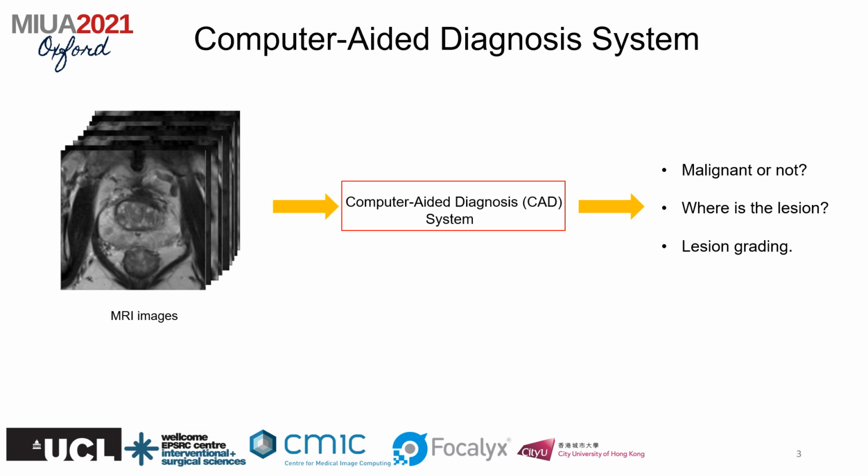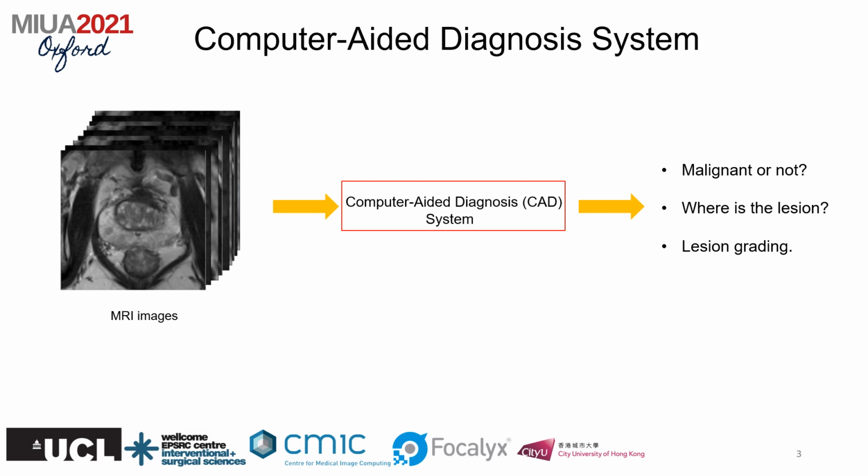Multiparametric MRI images have potential to play a part in every stage of prostate cancer patient management, including enabling targeted biopsy for early to medium stage cancer diagnosis, and a screening program for avoiding unnecessary biopsy. However, reading MR images requires highly specialized radiologists, and even for experienced radiologists, it remains a challenging and arguably tedious task.